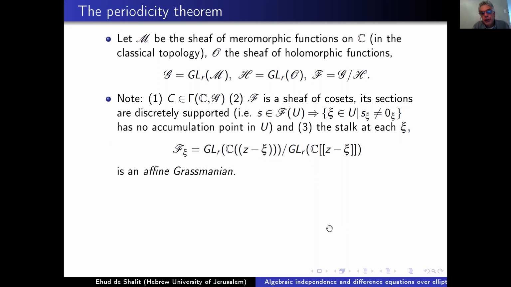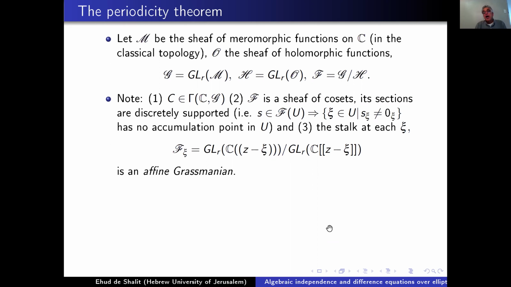F is a sheaf of cosets, but its sections are discretely supported. If you have a section over an open set U, the set of points where the section is not the trivial coset is discrete, has no accumulation point in U. And this is, of course, because zeros and poles of meromorphic functions are isolated.